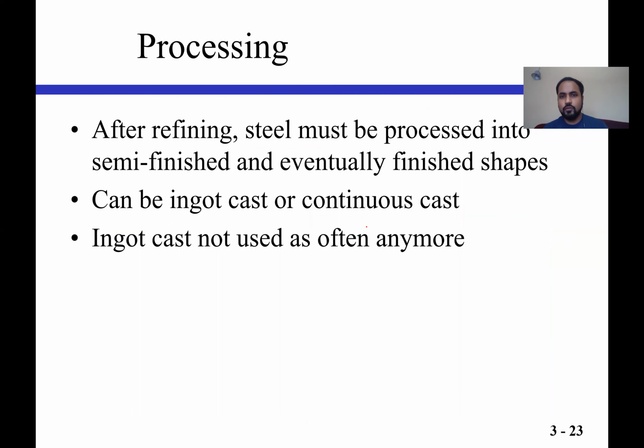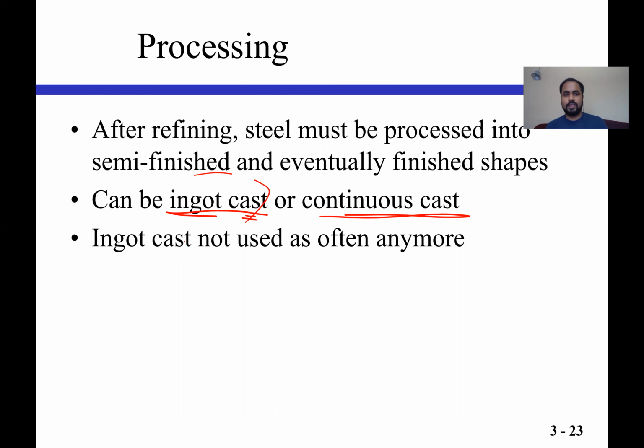Now, once you get the steel, you can either put it in big ingots, which is called ingot casting, or there's another process called continuous casting. You can do continuous casting and get sheet form or plate form of material depending on your need. Ingot casting is outdated.